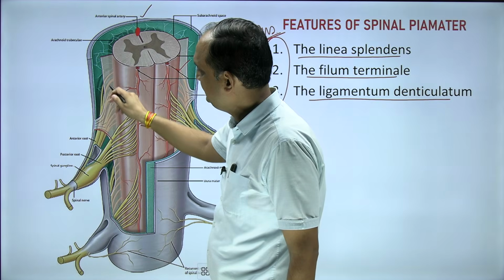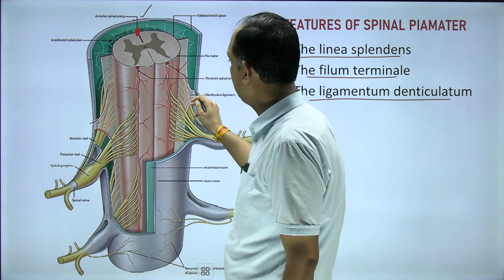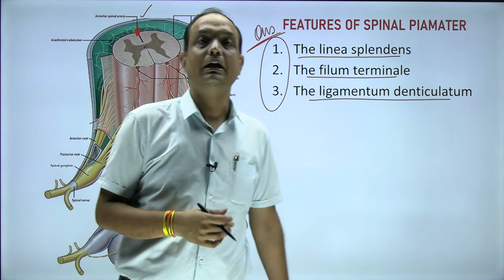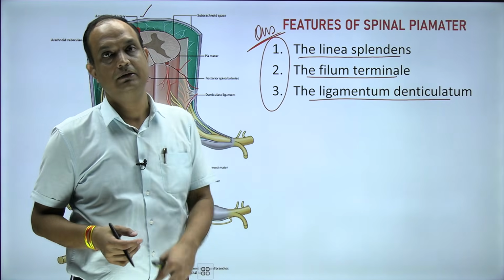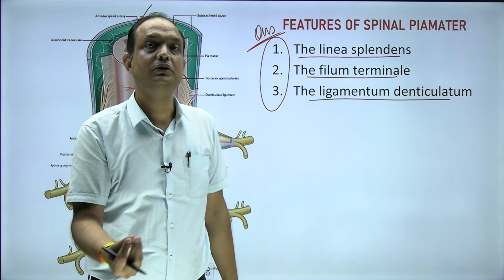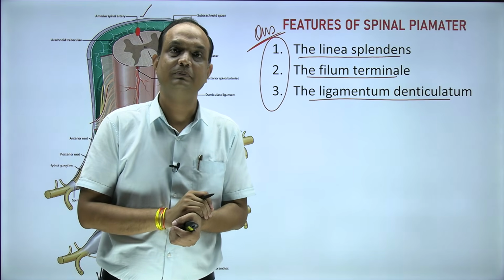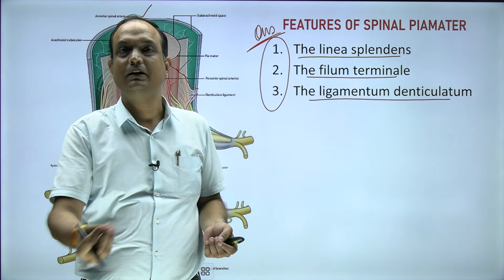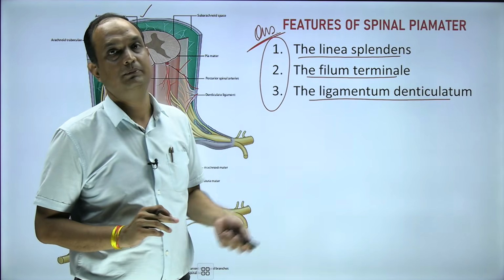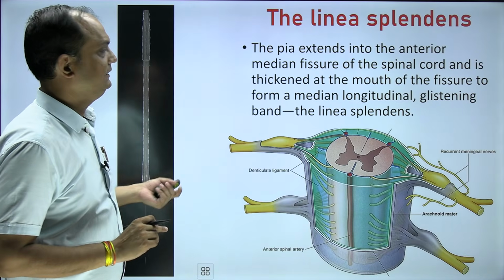You can see that these are the lateral extensions of the pia mater which have a tooth-like appearance, and these are ligamentum denticulatum. And what is filum terminale? Filum terminale is a lower continuation from the conus medullaris, and that pia mater which extends from the conus medullaris is the filum terminale. So let's discuss these three things one by one.